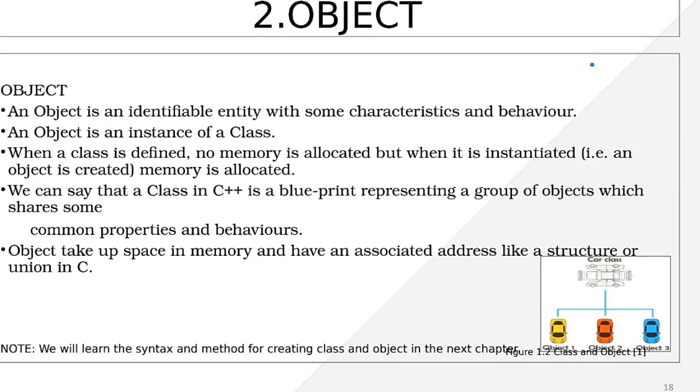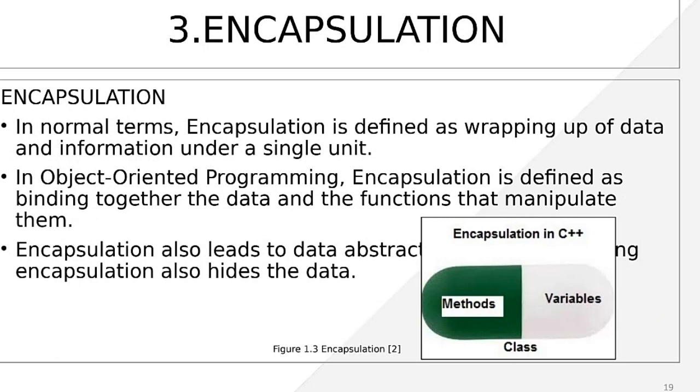Clear with everybody? Third thing is encapsulation. Now, what is this encapsulation? How to remember this? See, you are a beginner, right? As the name suggests, encapsulation. This is a capsule.